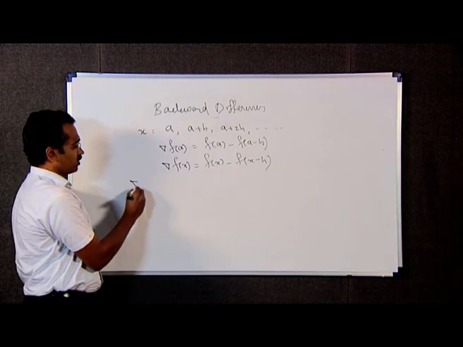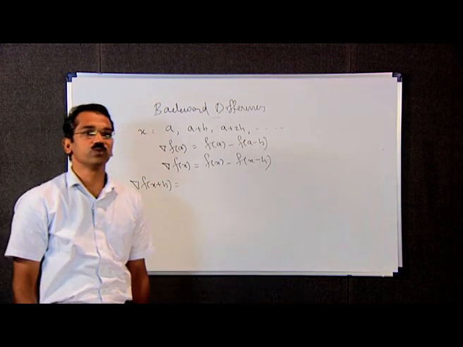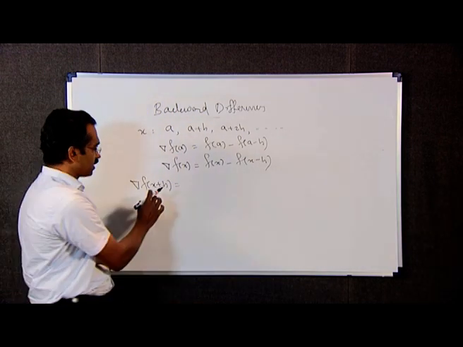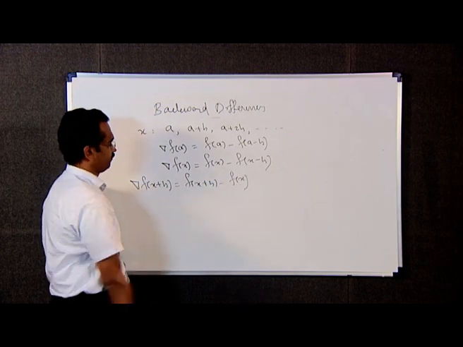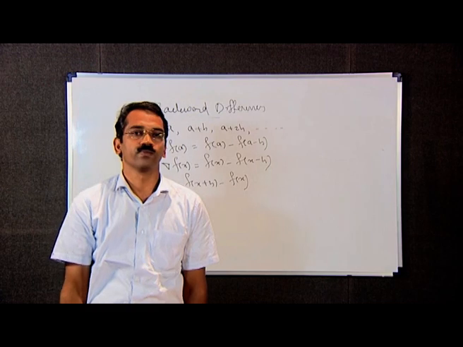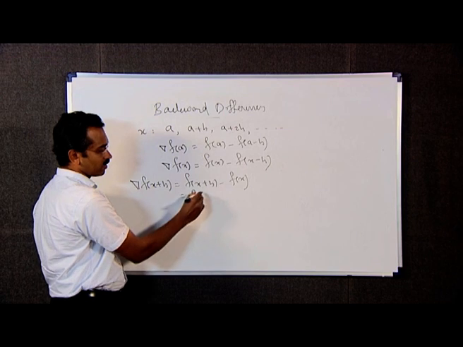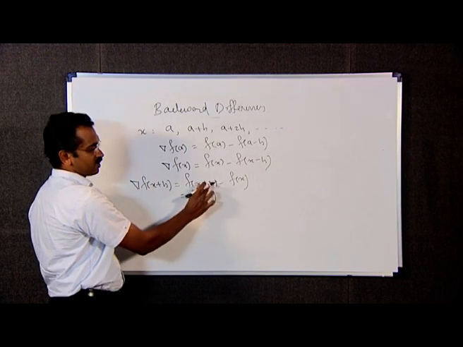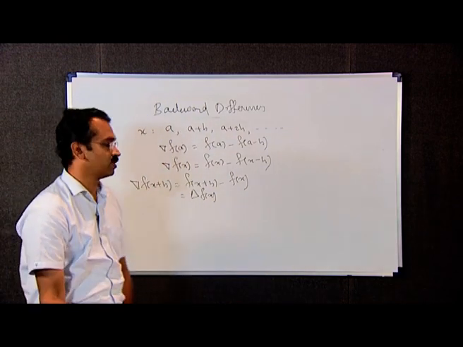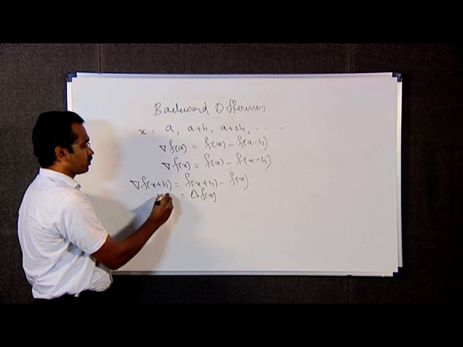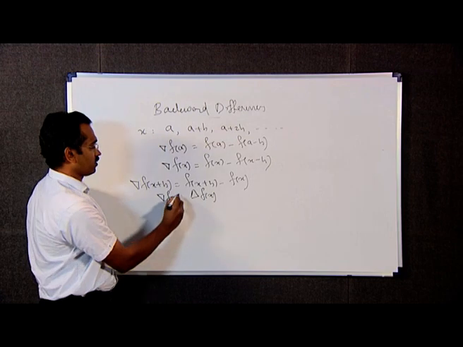We can observe that del f of x plus h is equal to f of x plus h minus f of x. This is our delta f of x. That is, del f of x plus h is same as delta f of x.